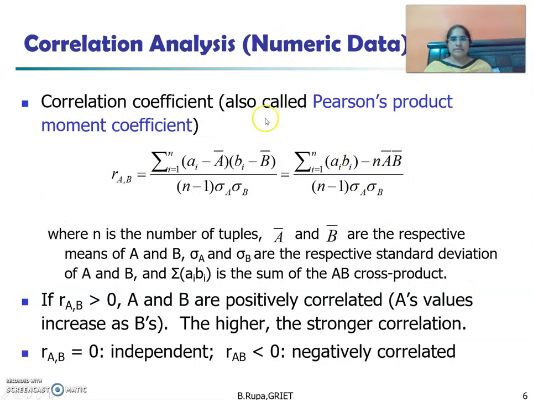The next method within correlation analysis applies to numerical data. The correlation coefficient is generally called the Pearson product-moment coefficient.